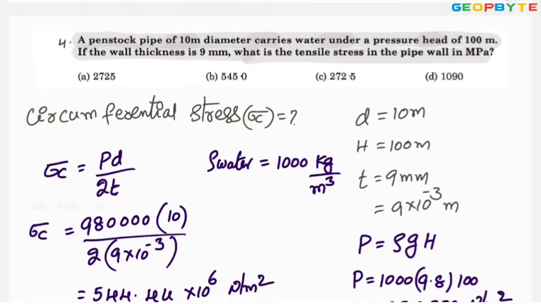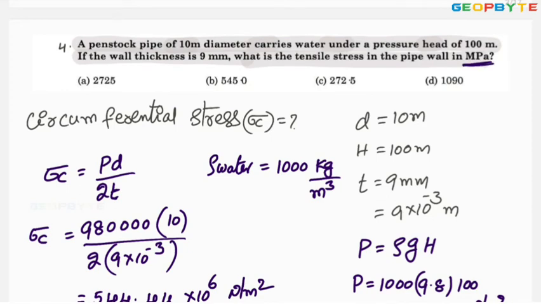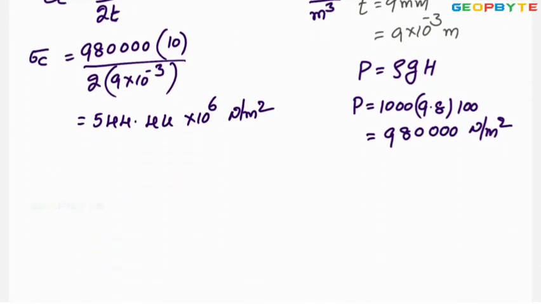Since the answers are asked in megapascal, it can be written as 544.44 megapascal, maybe approximately 545 megapascal.